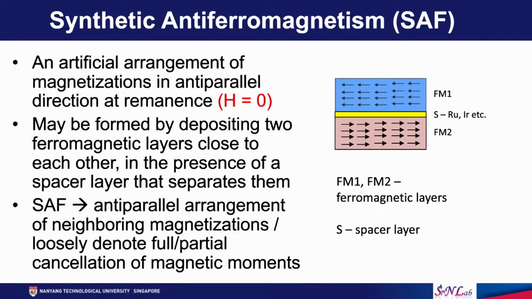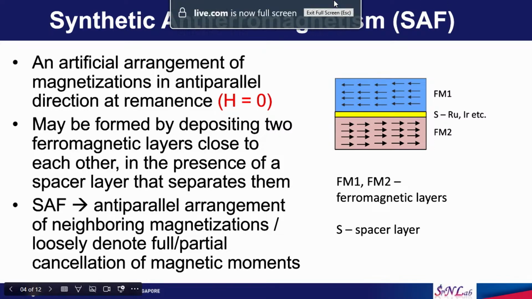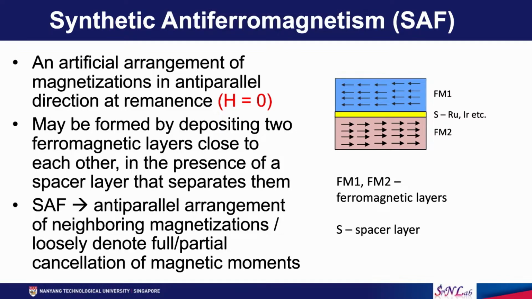Okay, so, when we say synthetic antiferromagnetism, by the word itself, synthetic means it is not real antiferromagnetism, but we are somehow synthesizing a kind of antiferromagnetic system. Okay, so, in this system we have two ferromagnetic layers, Fm1 and Fm2, separated by some spacer layer like ruthenium, iridium, and so on.